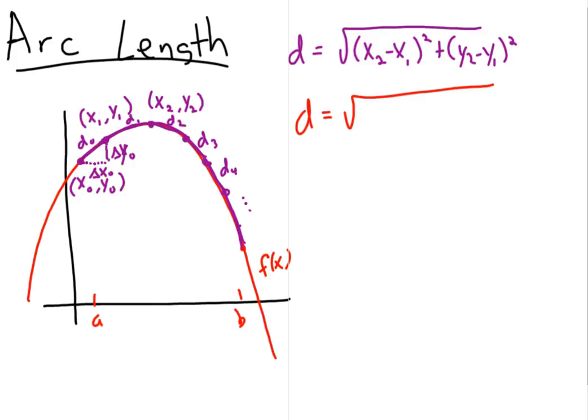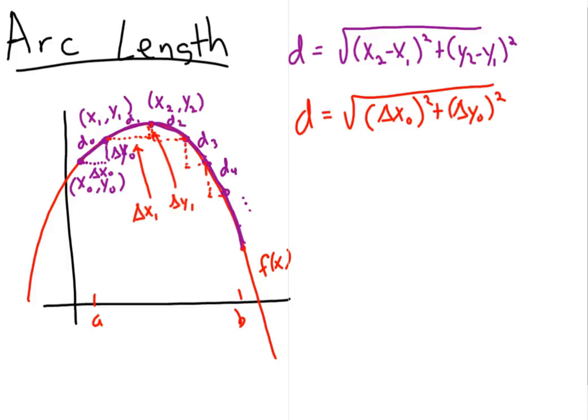So the distance for that first segment is delta x naught squared plus delta y naught squared, and then take the square root of that. The distance formula, of course, is based on the Pythagorean theorem, and that's really easy to see in this formulation. Then you would have delta x1, delta y1, delta x2, delta y2.